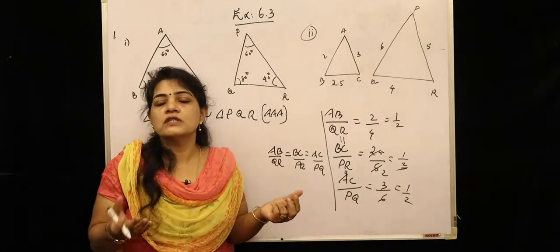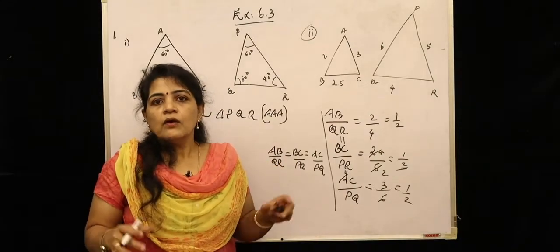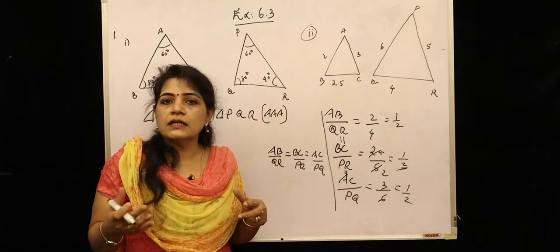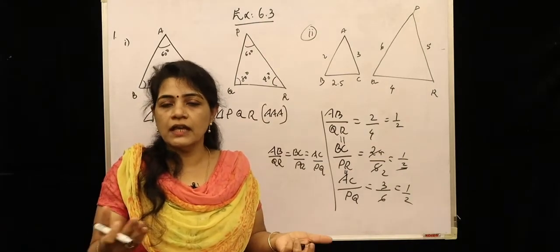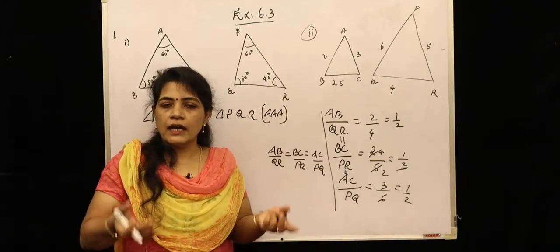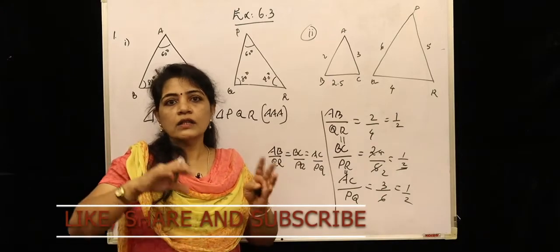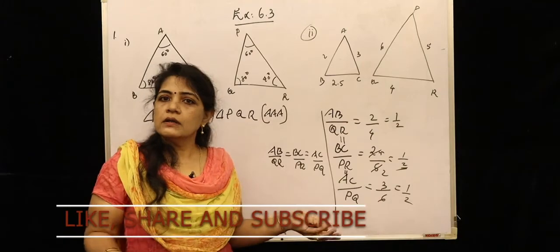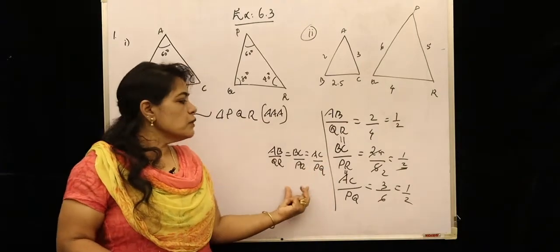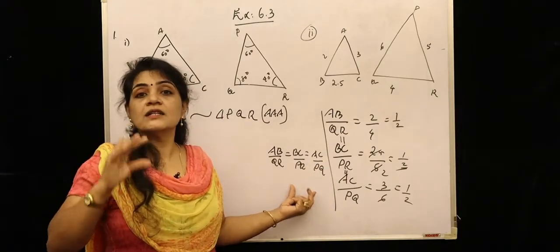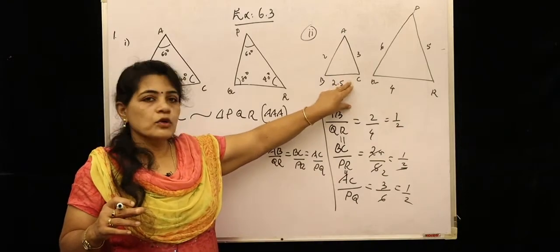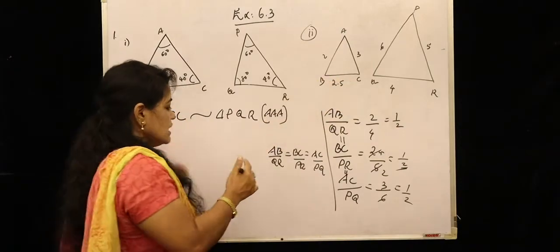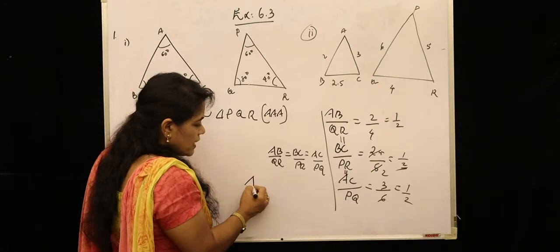That means the ratios are the same. So what you can say, they are similar. Either the three angles are equal or the three sides are proportional, you can say that they are similar, children. So next we need the correct symbolic form. For that, I am going to fix this triangle ABC on the left-hand side of the similarity symbol.